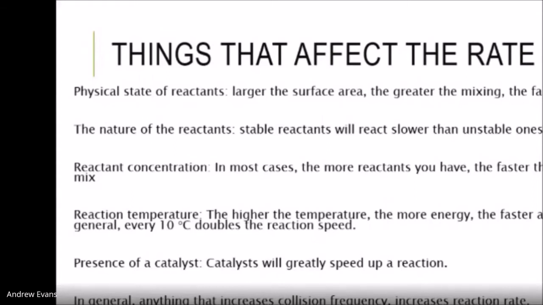But every 10-degree temperature difference will double the reaction rate. So how fast it will go. And in fact, if you look at the data for the various vaccines for COVID-19, the stability of these vaccines follows this rule pretty well. At room temperature, the Pfizer is only stable for about 6 hours.